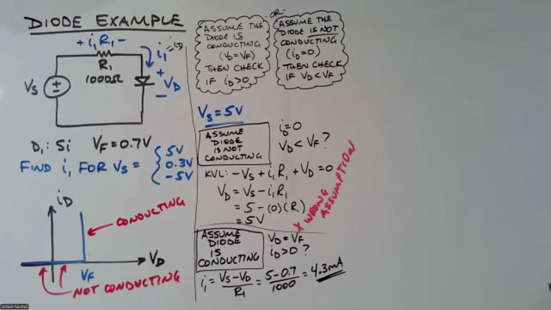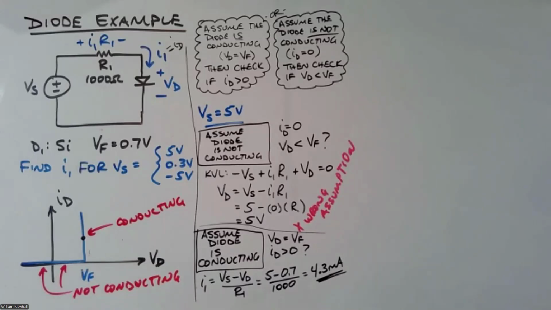Okay. And since this current is positive, I've checked, and this assumption is correct. In other words, I can have VD equal to VF, and ID is positive 4.3 milliamps. So I'm somewhere up here, right? It's not negative, that current is positive.